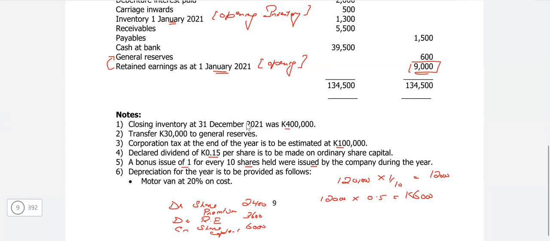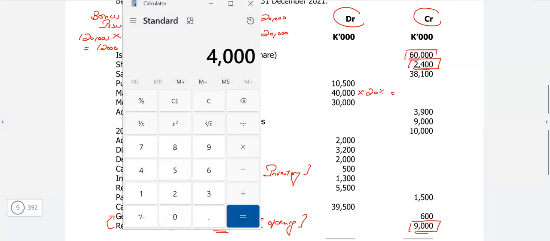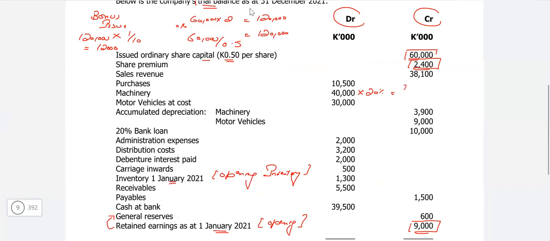Then we have the depreciation. For the motor van, it is 20% on cost. So that means 40,000 into 20%, which gives you 8,000. This is the depreciation to be charged.